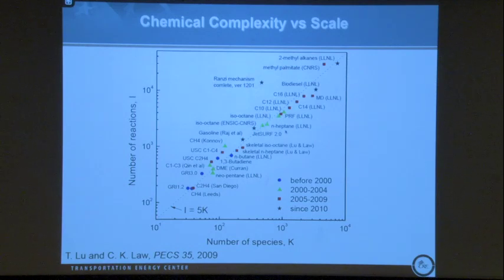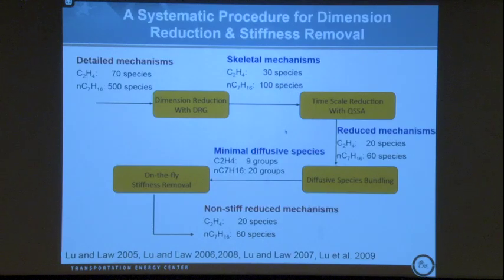And so you can see that it seems to have a scaling of a factor of 5 between the number of elementary steps and the number of reactions. So they're linearly proportional, it would appear. Now, when you get out to like 1,000 species and 10,000 reactions, that's clearly not possible to include in CFD. So we have to reduce the mechanisms before they're amenable for use in CFD calculations.